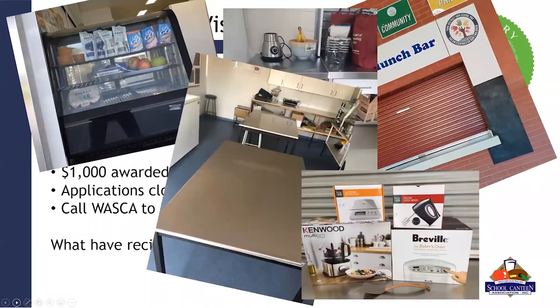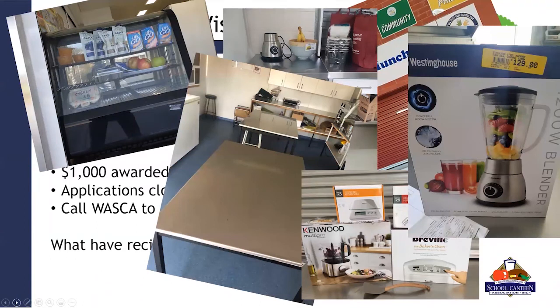Stainless steel benches are normally quite a common ask, and this particular school, I think this might have been Broome Senior High School, needed to have their benches recovered because the Formica was so old that they couldn't actually use them to prepare fresh food, because of food safety and hygiene.